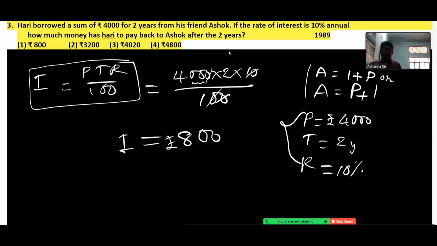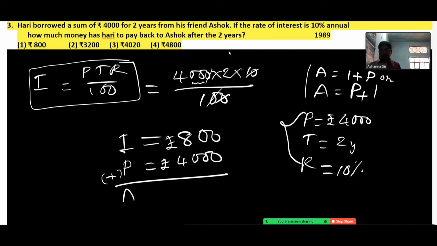But we have to find the amount Hari has to pay back after 2 years in total. We add the principal, 4,000 rupees, to the interest. So the amount is 4,800 rupees.